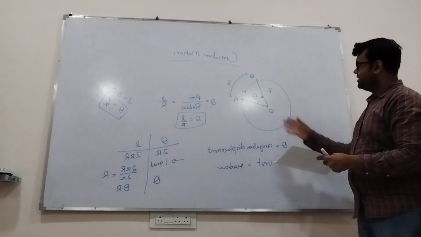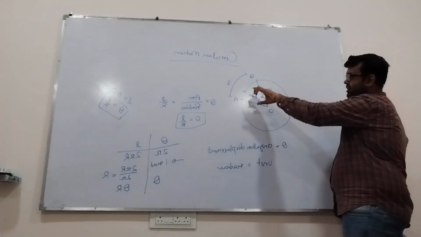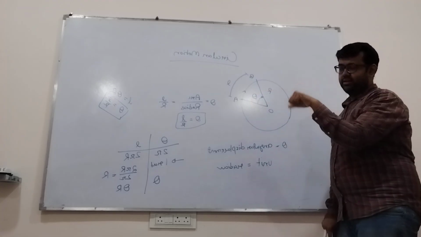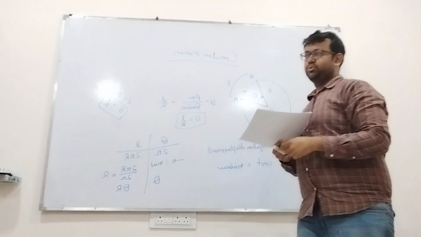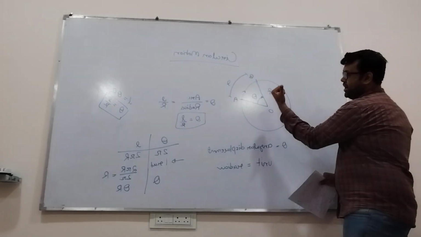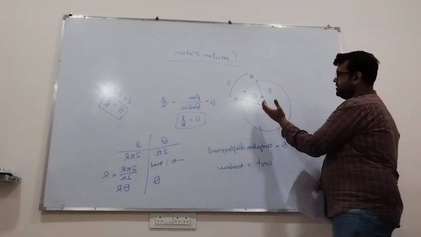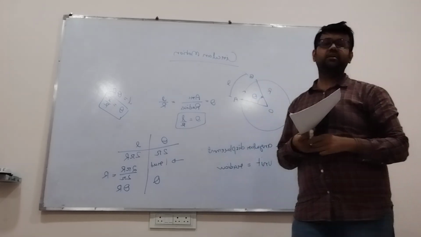That is either outward, or if it is moving in the opposite direction, then the direction will be inward. Or you can also say that x cross y is the outward direction, which is nothing but positive z. If it is moving in the opposite direction, then it will be in the minus z direction.